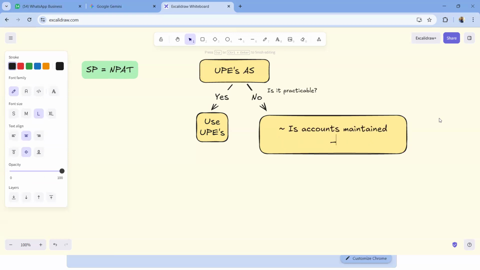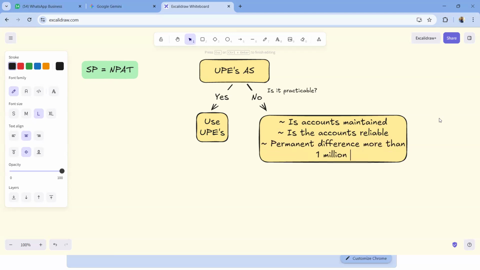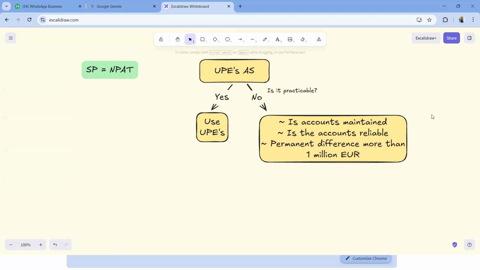Is the accounts reliable? And then, is there any permanent difference? You have to find it, right?